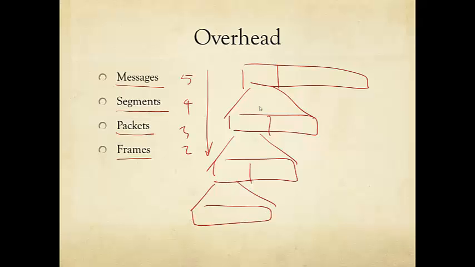Each time we chop up, we add a little header in front of it. What does this little header do? It does a lot of useful things. For example, the header at the network layer will tell you the addresses of the source and the destination. But these also introduce overheads, as you can see.